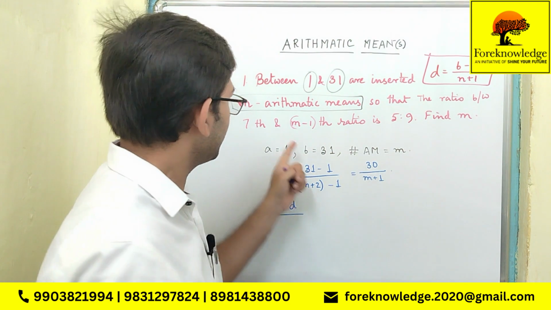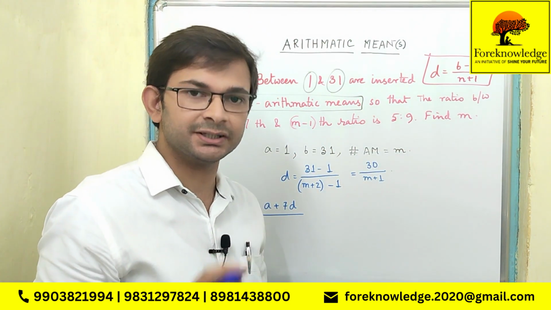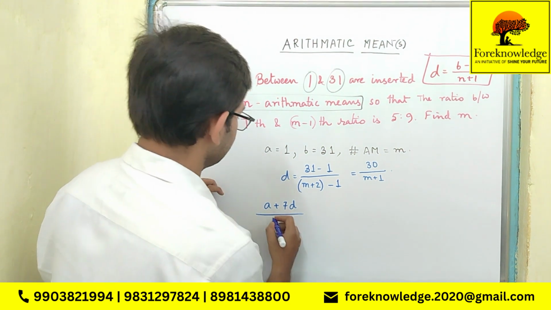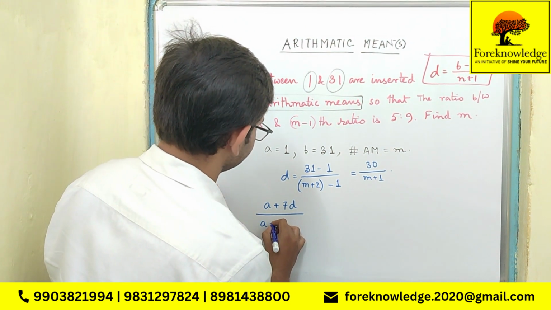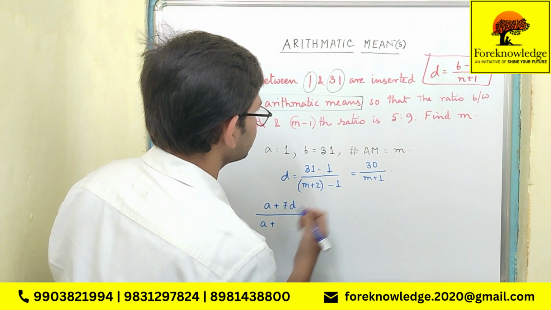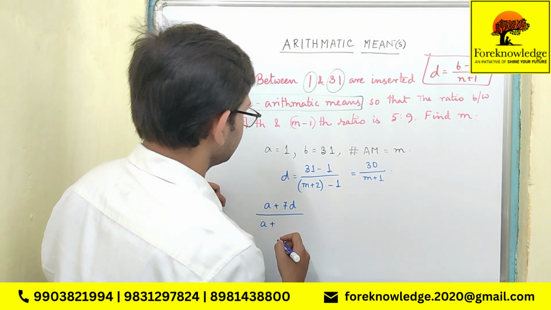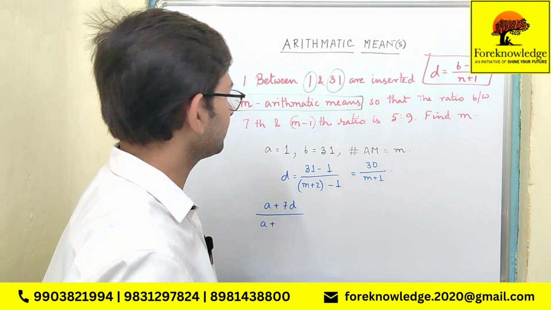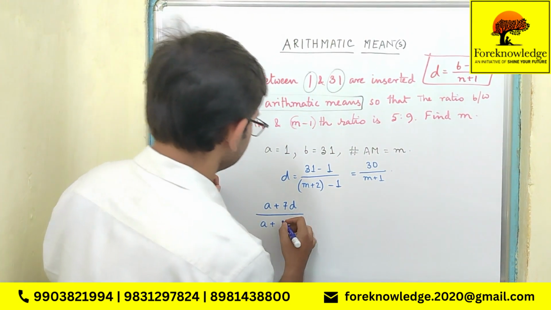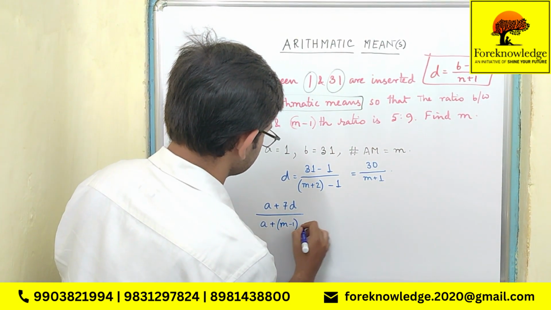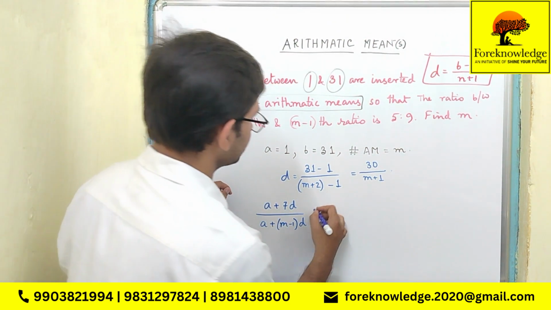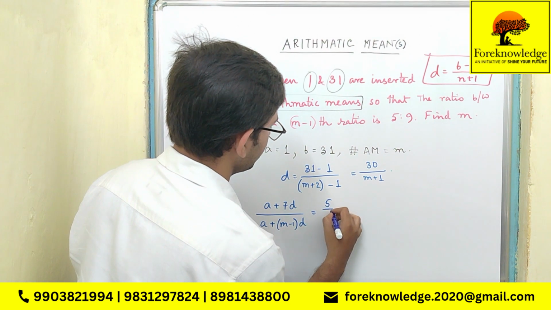So the m minus 1th arithmetic mean is nothing but the mth term in the arithmetic progression. So a plus, what is the mth term in the arithmetic progression? That is nothing but m minus 1 into d. This ratio is nothing but 5 by 9.